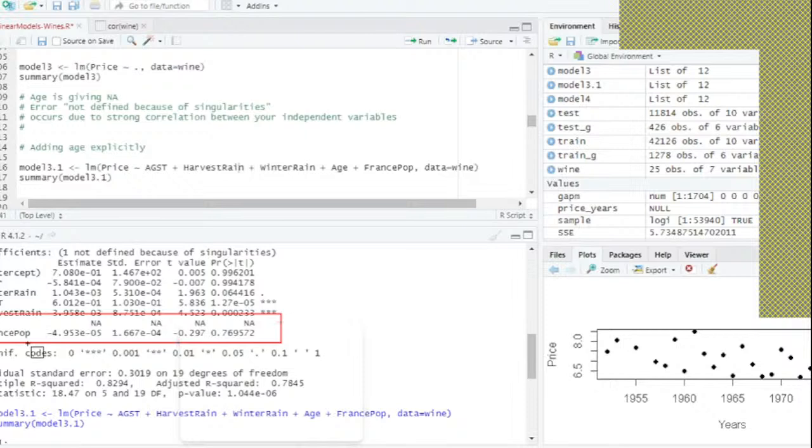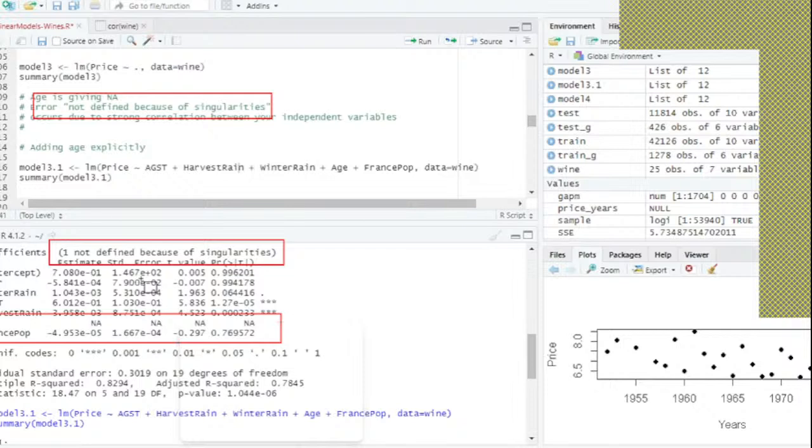So what it has done is age is giving an error, not defined because of singularities. What does this mean? See, here it is written: one not defined because of singularity. Singularity means it is picking only singular data, not correlated variables. Singular variables means independent variables, right?